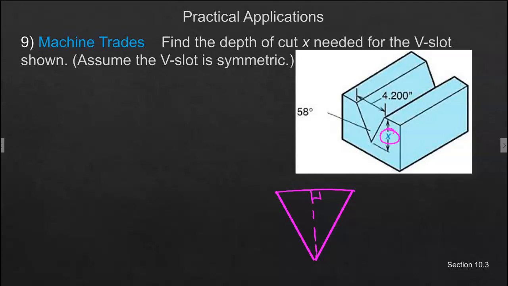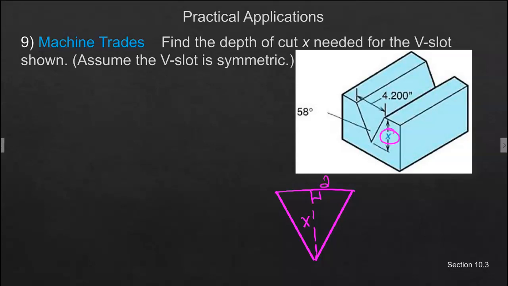We are going to consider that these are the same length on both sides. And if they're the same length on both sides, and we're looking for this cut, this height here, that is in the object that we're working with. And so the X is going to be right down the center of that thing, basically.